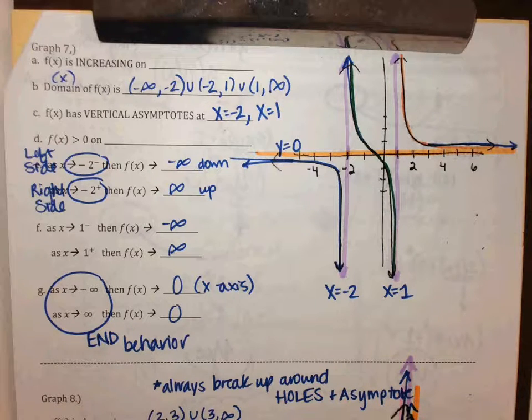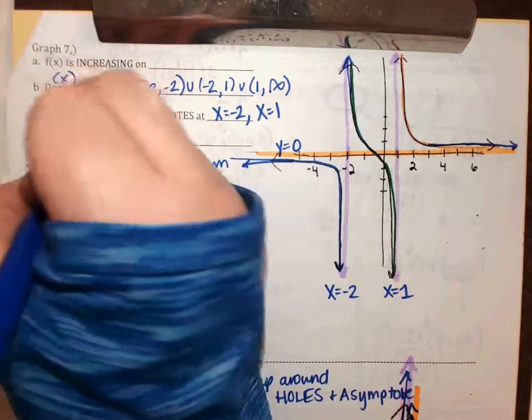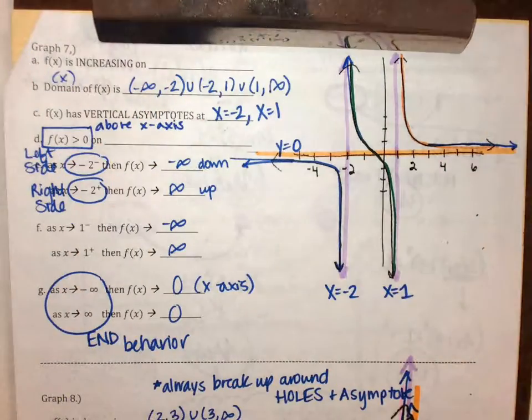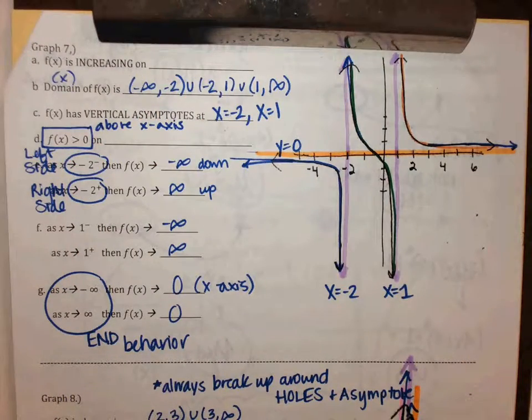And then I guess let's go back and do D. F of x greater than 0, what are you looking for on the graph? Where does it need to be? Above or below for greater than 0? I'm looking for where the graph is above the x-axis. And there are 2 chunks where it's above. Where is it above on green?